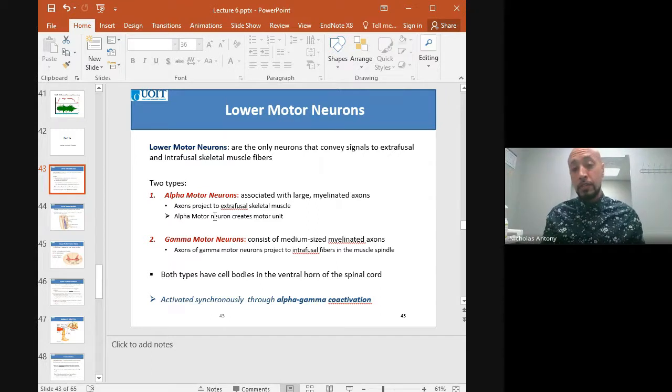There's interneurons right where the upper motor neuron attaches to the lower motor neuron, which is the alpha motor neuron. An interneuron is also, at the same time, going to connect to the gamma motor neurons, which go specifically to the muscle spindles. So here's an example of the interneurons or a reflex involved in movement.